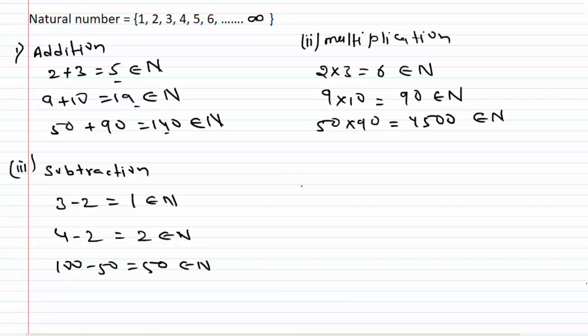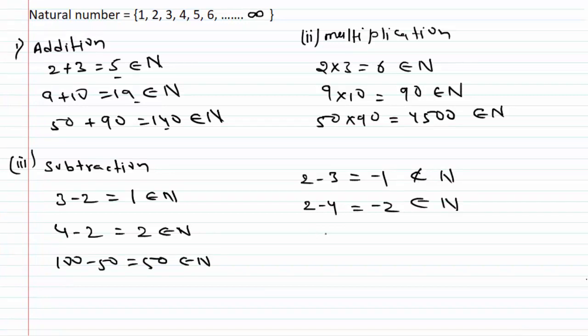But when you subtract 3 from 2, you will get -1. When you subtract 4 from 2, you will get -2 and this do not belongs to natural number. Similarly, if you subtract 100 from 50, you will get -50 and it do not belongs to natural number.